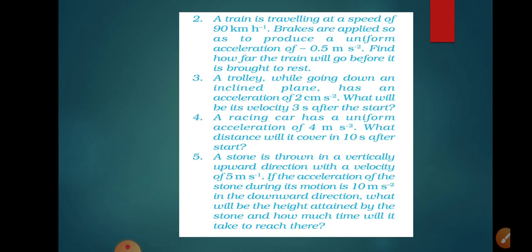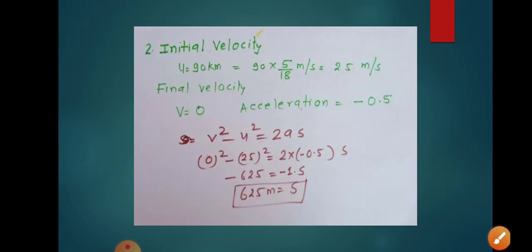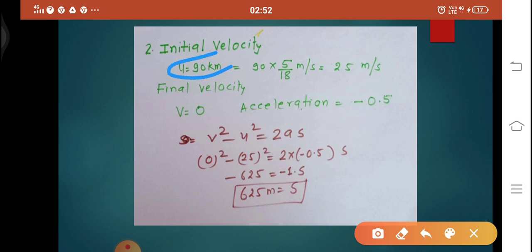Now in this question, the speed is given as 90 km per hour. But we have to convert that 90 km per hour into meter per second. See, this is the solution. 90 km per hour, it should be 90 into 5 by 18, so it becomes 25 meter per second.